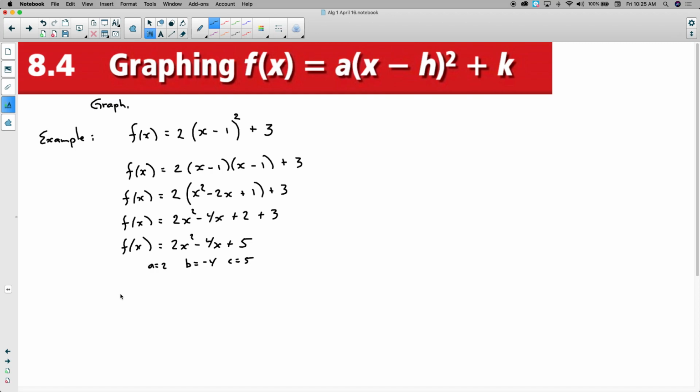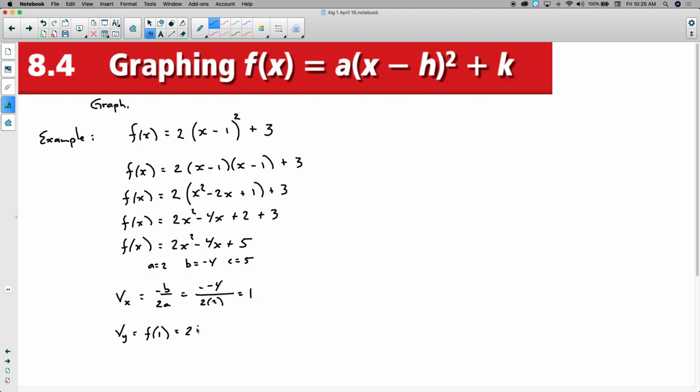Okay, so let's finish this one out. The vertex is at negative b over 2a. So that's negative 4 over 2 times 2, which turns out to be 1. And the vertex's y-coordinate is the function when you put in 1.